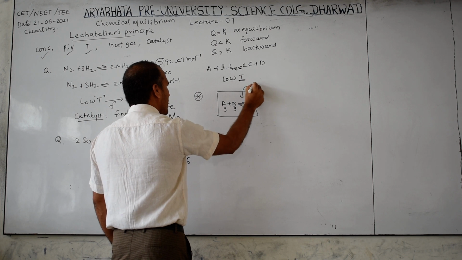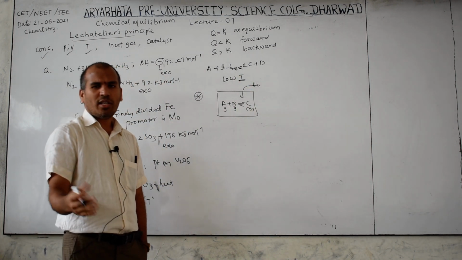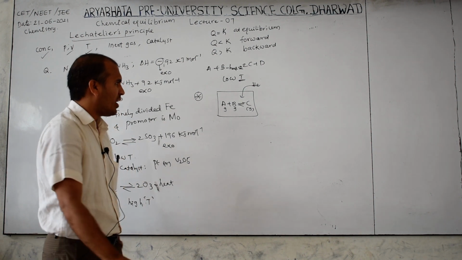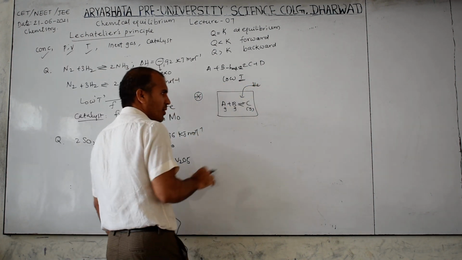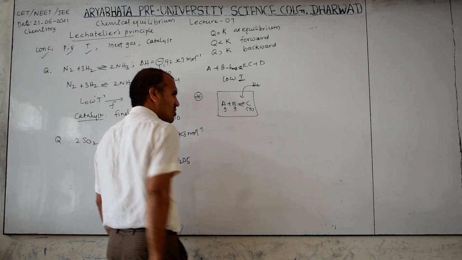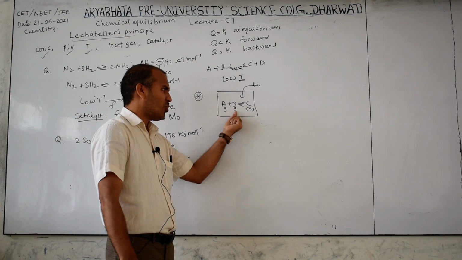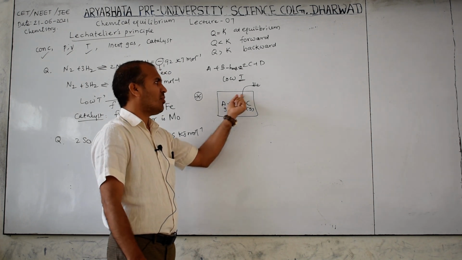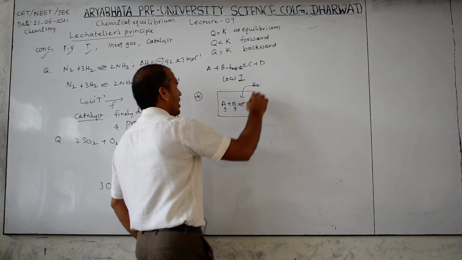To this, helium is added. Helium is an inert gas. Not only helium, neon, argon and others may be added. So in addition of this, total number of moles will be increased. Total number of moles means number of moles of A, number of moles of B, number of moles of C plus number of moles of helium.